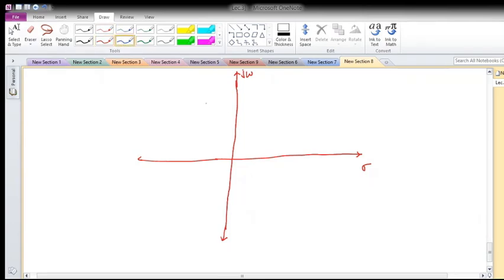Suppose one pole is here and its pair is on the other side. This is minus j beta and this is plus j beta, and this is minus alpha. Now take alpha as the center, beta as the radius, and draw the picking circle, something like this.